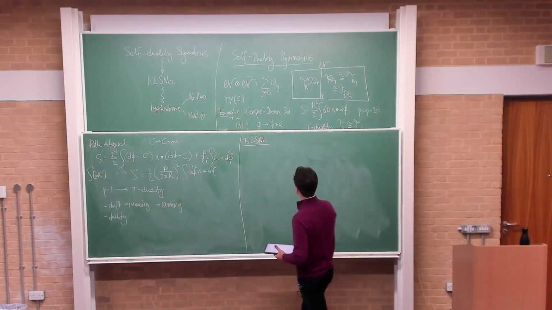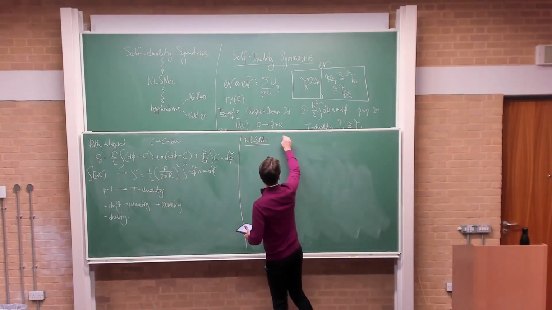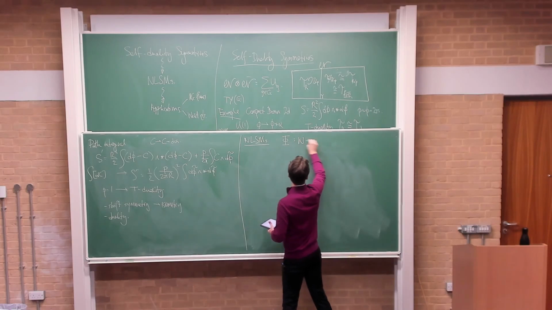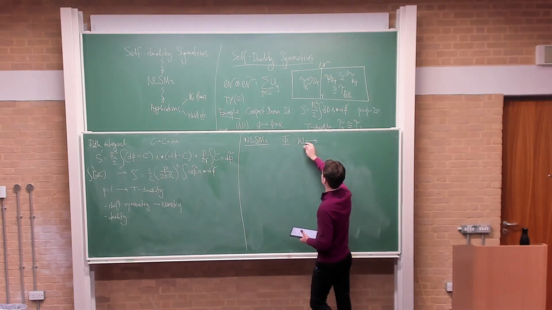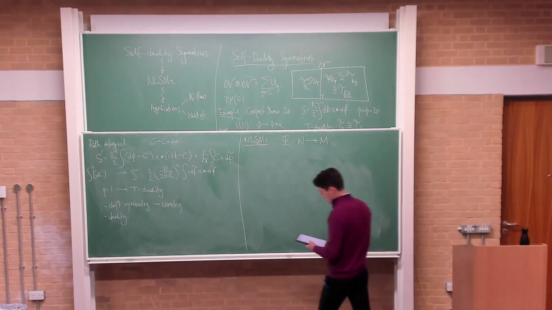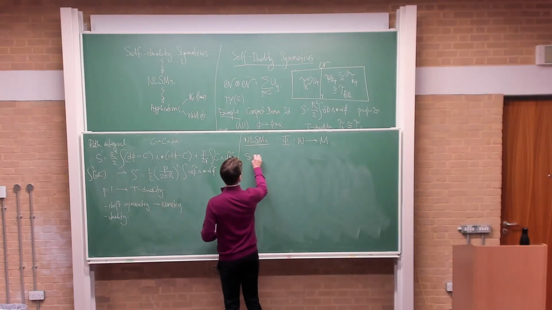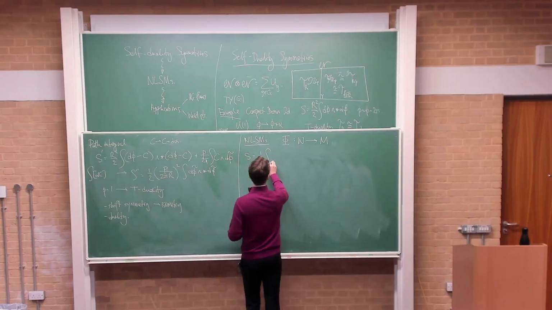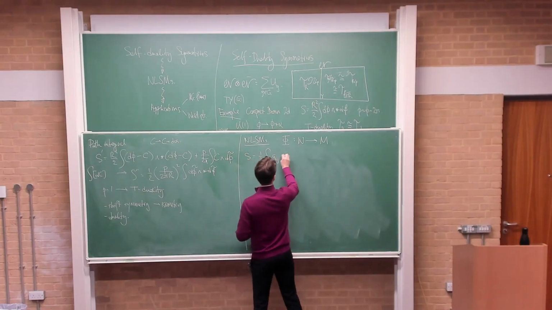So these are theories of maps that I will call phi from a world sheet W, which I'll take to be closed, to some target M. Okay. And the action can be written in the following form.